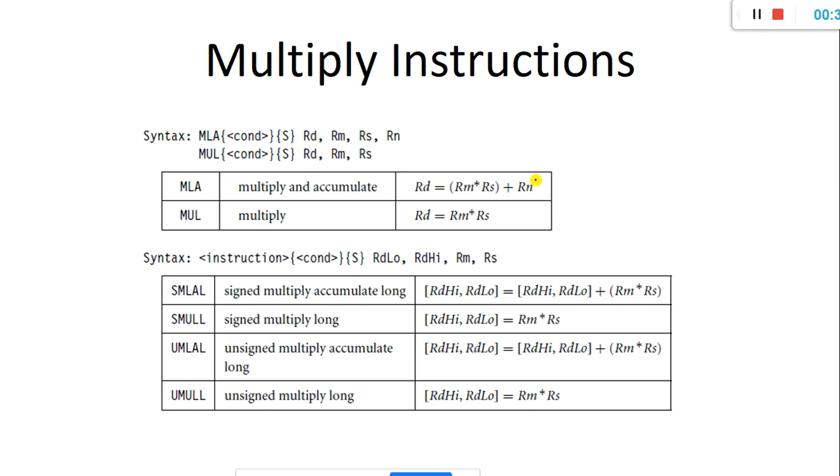Multiply and accumulate is one of the very important instructions, wherein you have frequent multiplication followed by addition. One of the best examples is convolution, which is a summation of x and a flipped version of the second input.